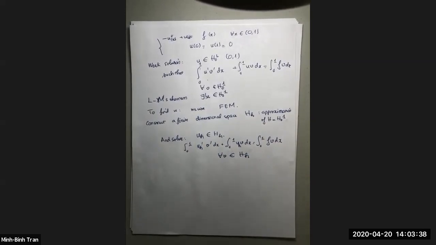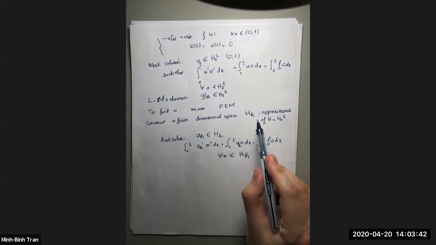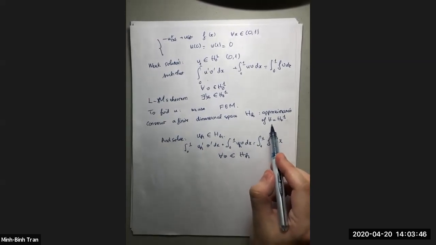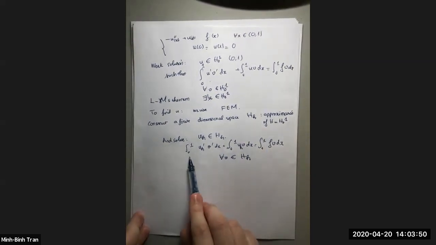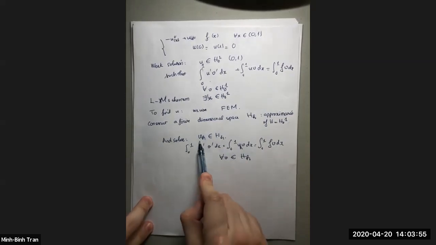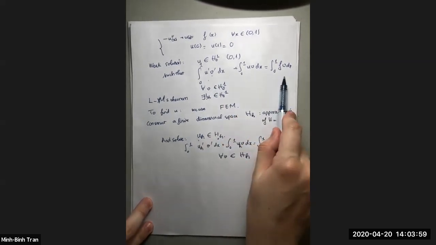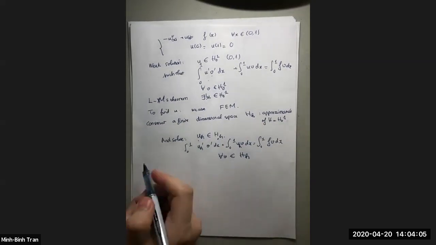So the idea of the finite element method is to construct a finite dimensional space H_h, which is an approximation of the space H_0^1. And when you solve this problem on the finite dimensional space, you want to find u_h in this finite dimensional space such that the same relation holds, but only for all v in this finite dimensional space.